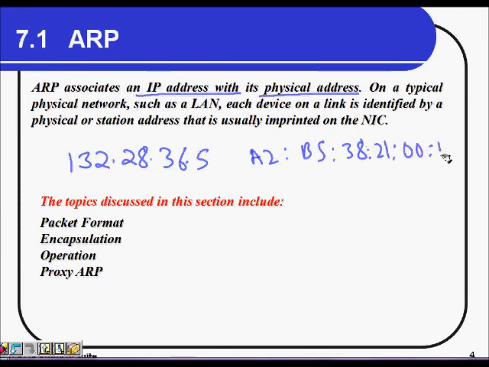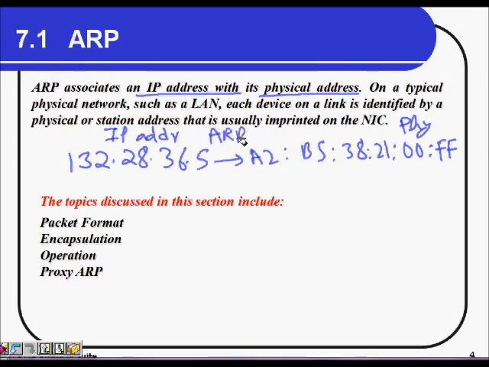So these are the 6 bytes of the MAC address. This is your IP address, and then it gives your physical address.